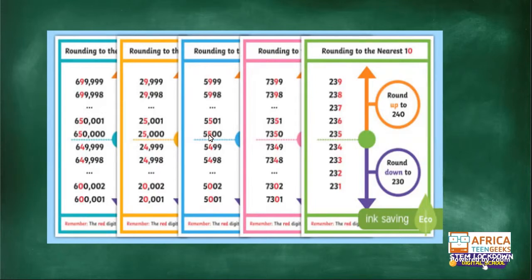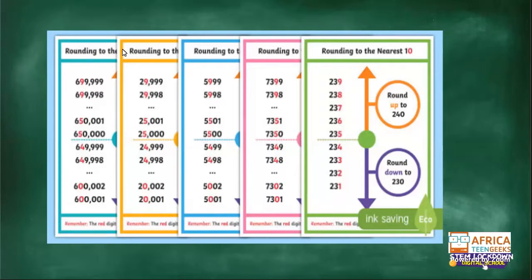So from here, from 5,500 right up to 5,999, those numbers will be rounded up to 6,000. So any number starting from 5,499 down to 5,001 will be rounded off to 5,000 because we are rounding off to the nearest thousand. Right? We started off with the 10, 100, and 1,000.